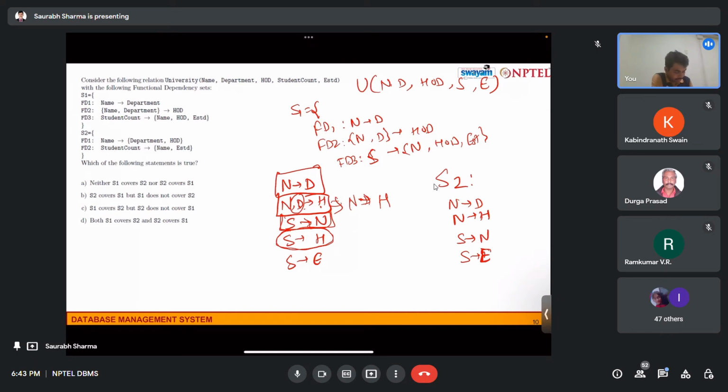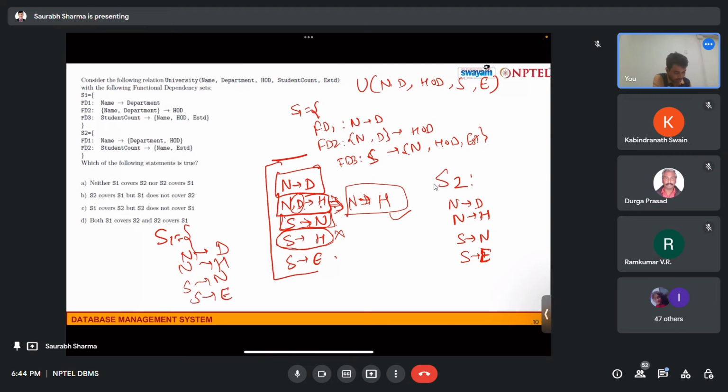So we can eliminate these two and update the second functional dependency with this, and N determines H. So we have a compact functional set for S1. Now we have N determines T, N determines H, S determines N, S determines E.